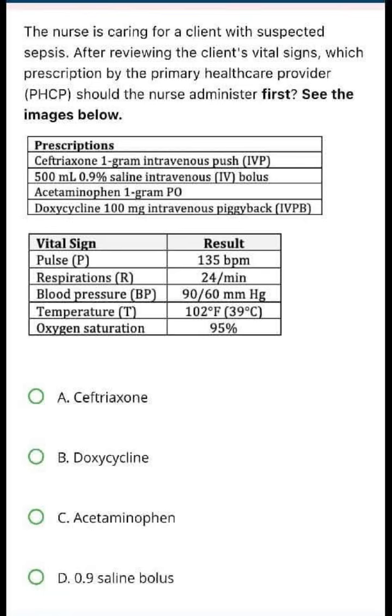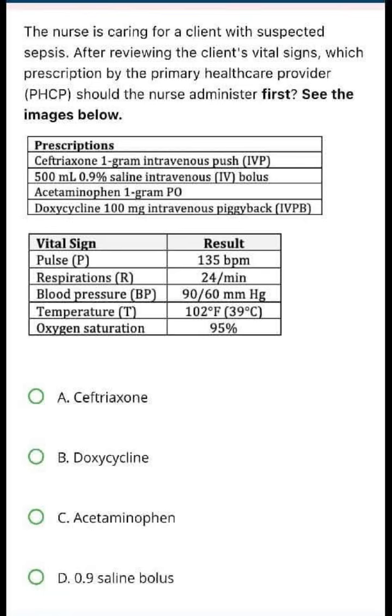What is ABC? We have airway, breathing, circulation. Now, if you look at the question, does the patient have an airway problem? The answer is no. Does the patient have a breathing problem? From the options, the answer is no. Does the patient have a circulation problem?